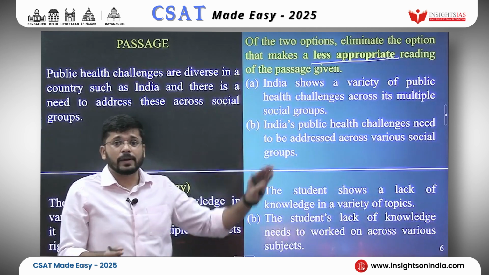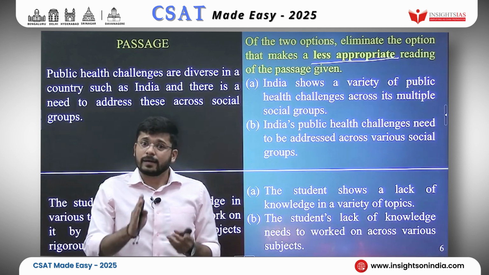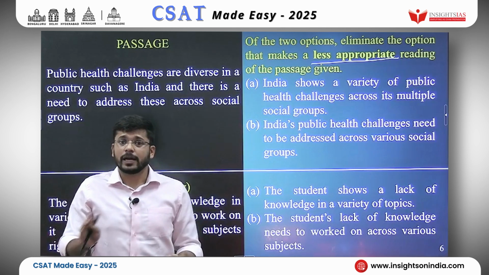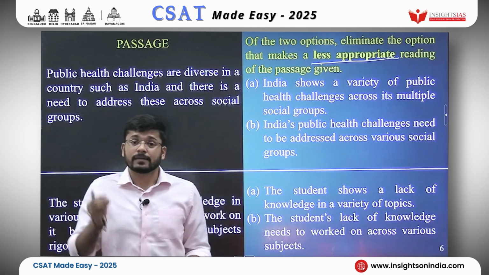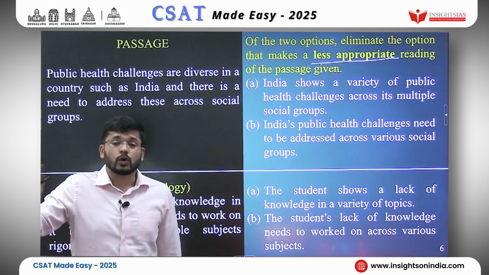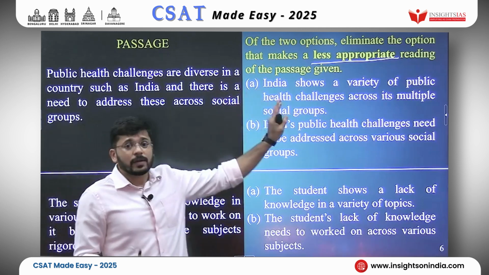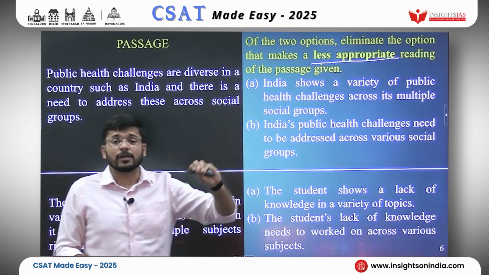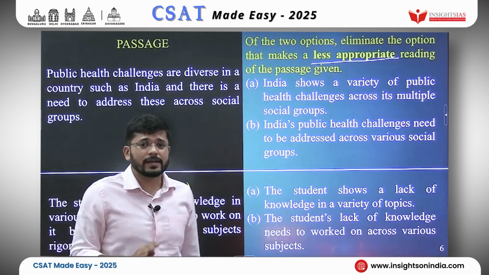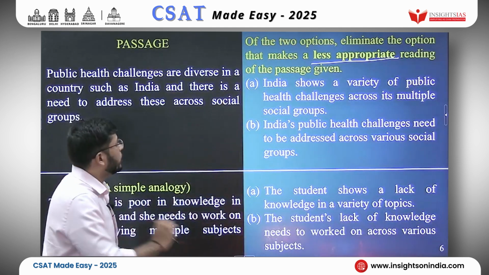This less appropriate one might be quite sensible, not extreme at all. It might be in agreement with the passage, and also in agreement with the tone of the passage. However, despite all of that, we need to eliminate such an option which is less appropriate. How? We will read the options and you will get to know now.